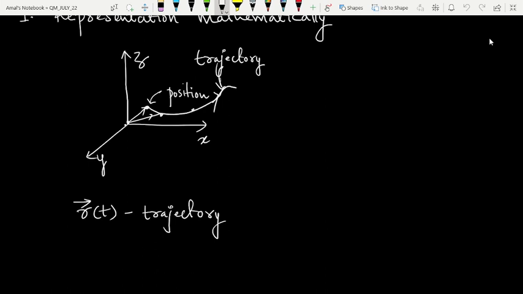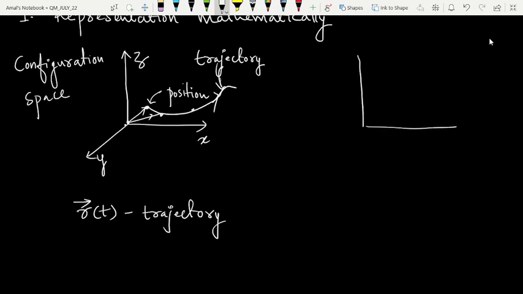So in order to accommodate that, this mathematical representation, which is known as the configuration space, is one way to represent the motion, but a better way to represent motion is x comma p, which is known as the phase space.